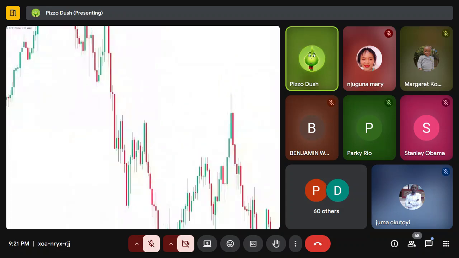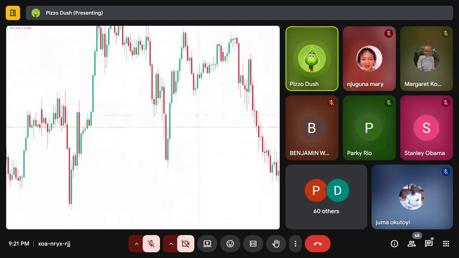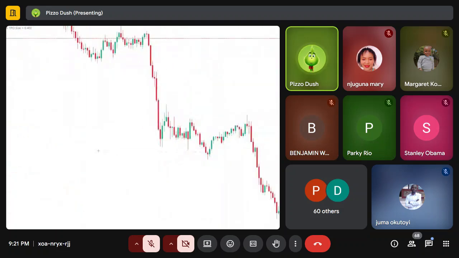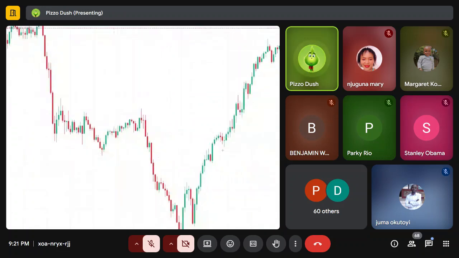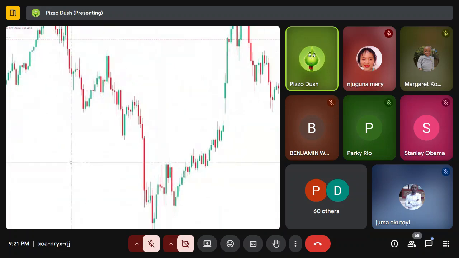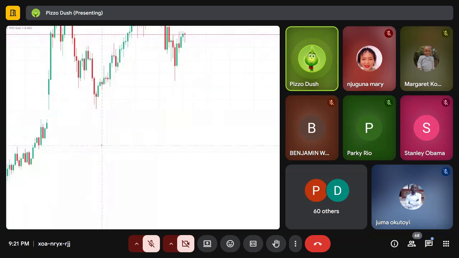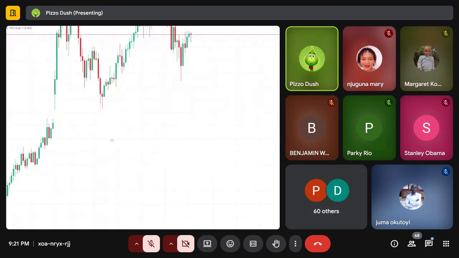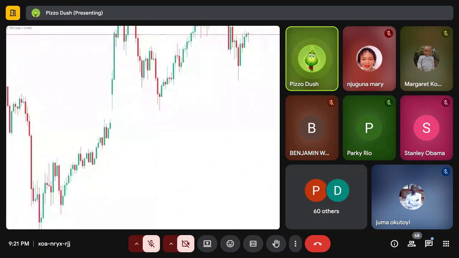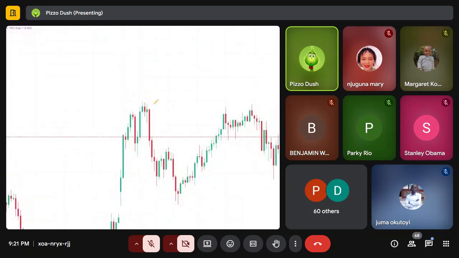As in any gold, I don't like trading gold. Order block. So I'm looking for an impulsive move. Let's check whether this one was a genuine order block up here. This one here. Let's see whether it's a genuine order block.